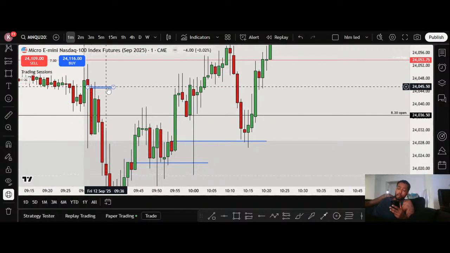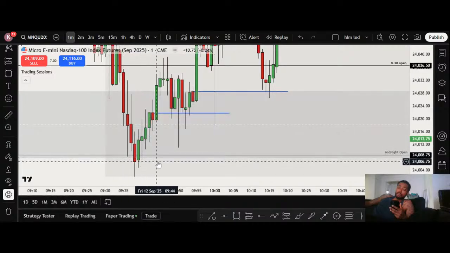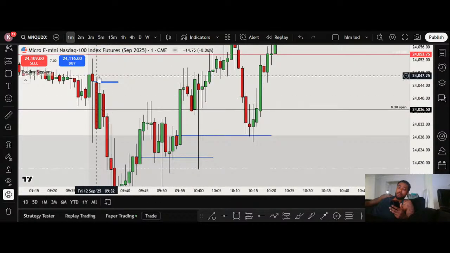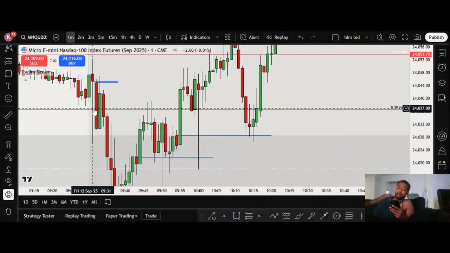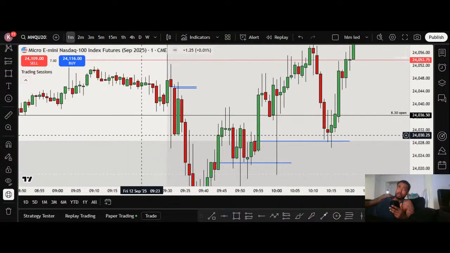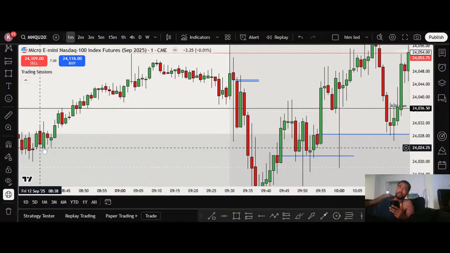I waited until I got clear confirmation that we were going to go down and sweep these 7 a.m. lows. So what do you wait for? Okay, after this candle, we know it went red and came back. So what I look at is the market priming itself and creating relative lows.